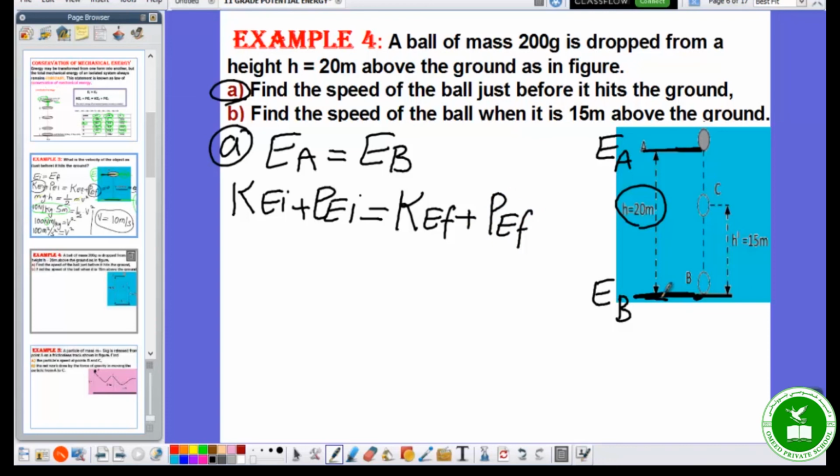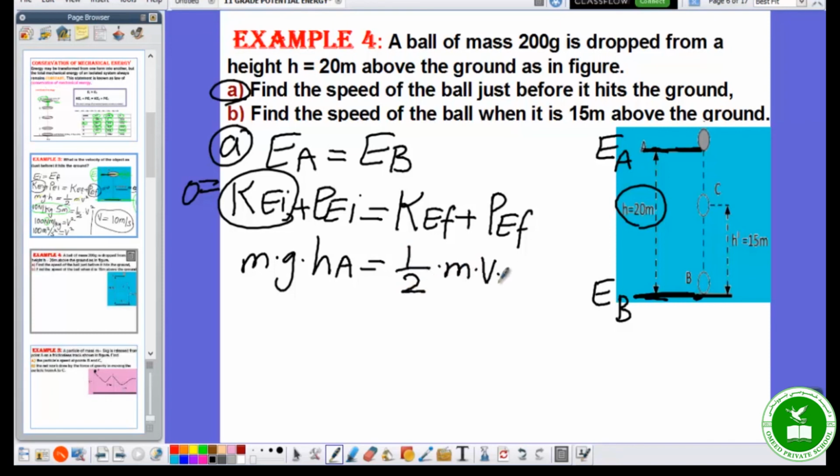Now, kinetic energy at point A is 0. Only m times g times h_A, the height of point A, should be equal to kinetic energy, 1 over 2 times m times v_B square, the velocity of the object at point B. Potential energy at this level is 0, so this one is also equal to 0.